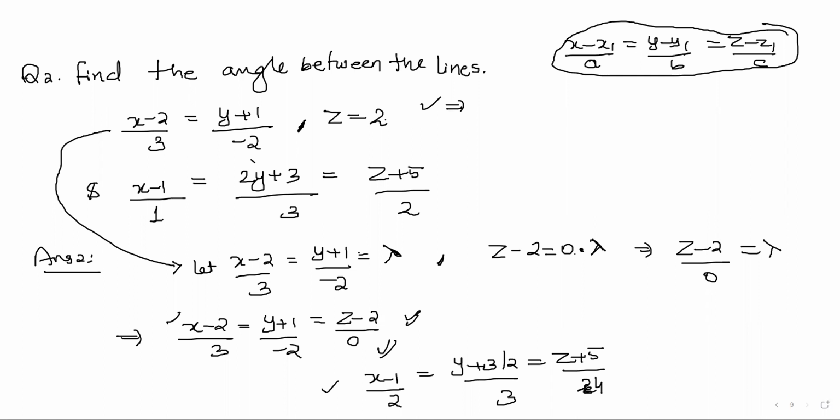Yes, Atif and Seth, what's the answer? The 90 degrees. Yes, that's correct. Good, Seth. That is correct. Very good. Josefa, what answer are you getting? Pi by 2. Very good.